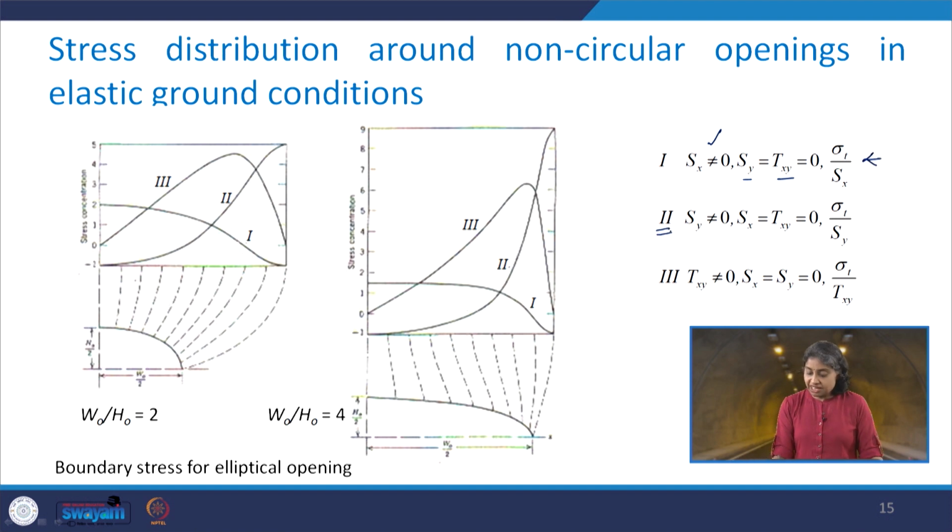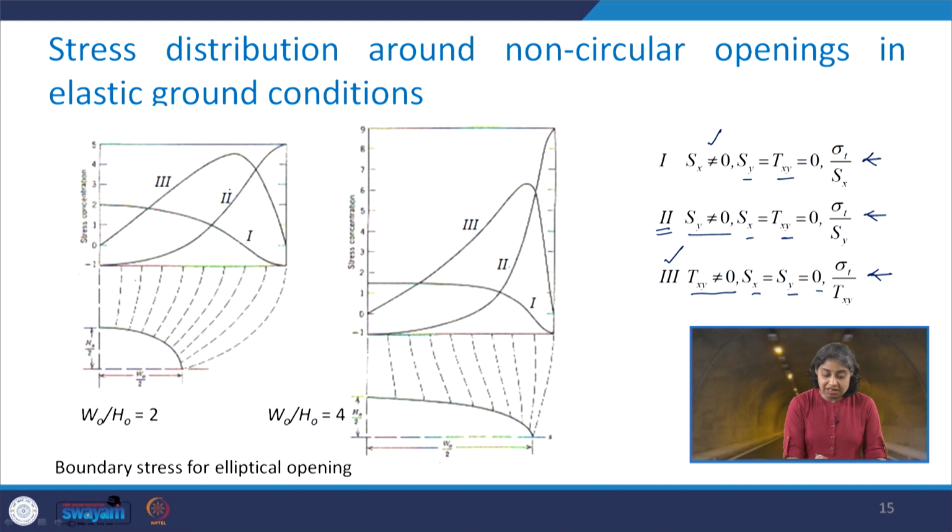If you have the second case, then Sy is non-zero and the remaining two stresses are equal to 0, and the stress concentration factor is defined by sigma T upon Sy. And in case you have the third situation, there Txy is non-zero and Sx and Sy both are 0, and therefore the stress concentration factor is defined by sigma T upon Txy.